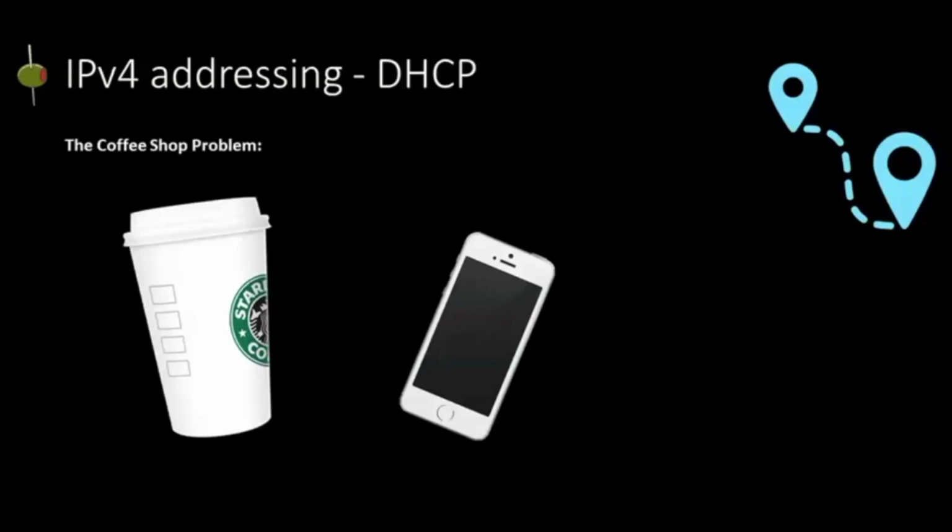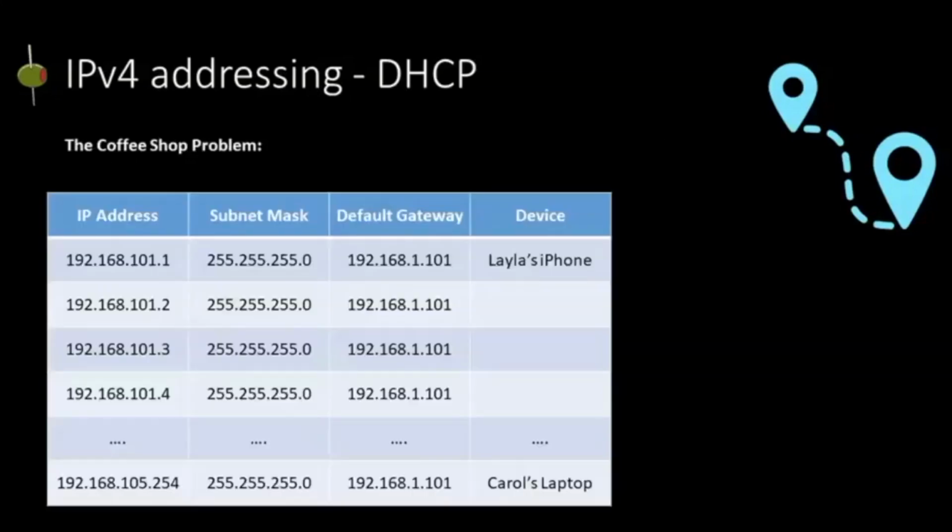So this is where DHCP comes in, is the coffee shop puts a DHCP server onto their network. So it keeps track, it has a table stored in it of all of the available IP addresses that it's allowed to dole out, and you can configure that in a DHCP, and what device is occupying that slot, right?